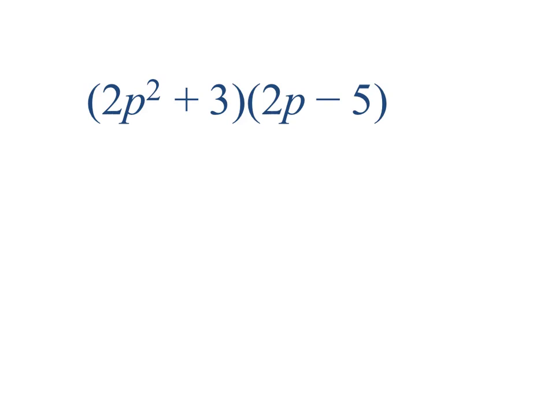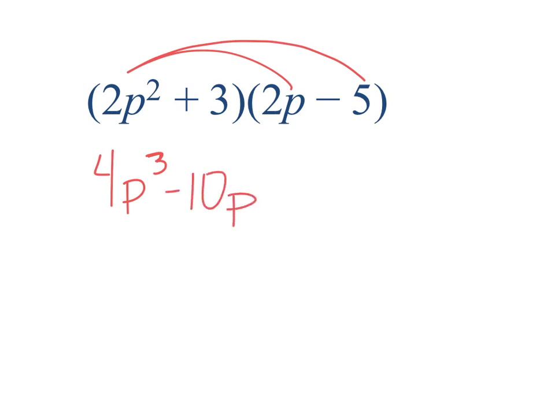So if I distribute, I start by multiplying 2p squared, which gets you 4p to the third, because you're adding your exponents. And negative 10p squared. Then you distribute 3 and get 6p and negative 15.